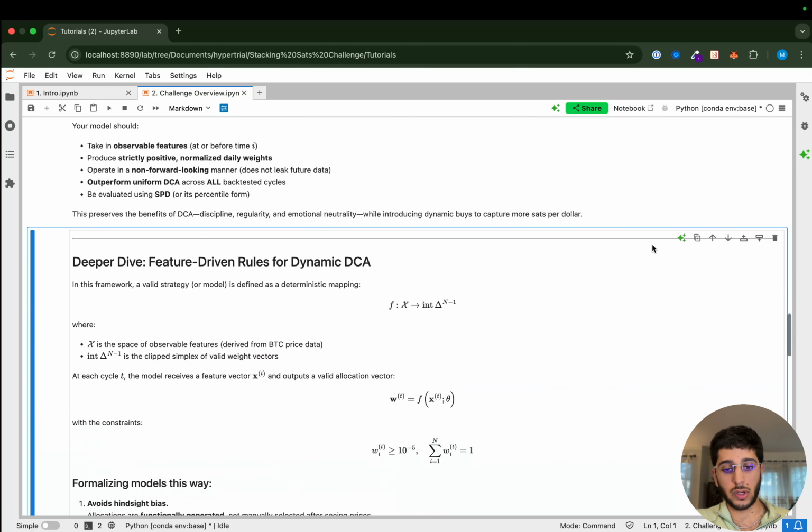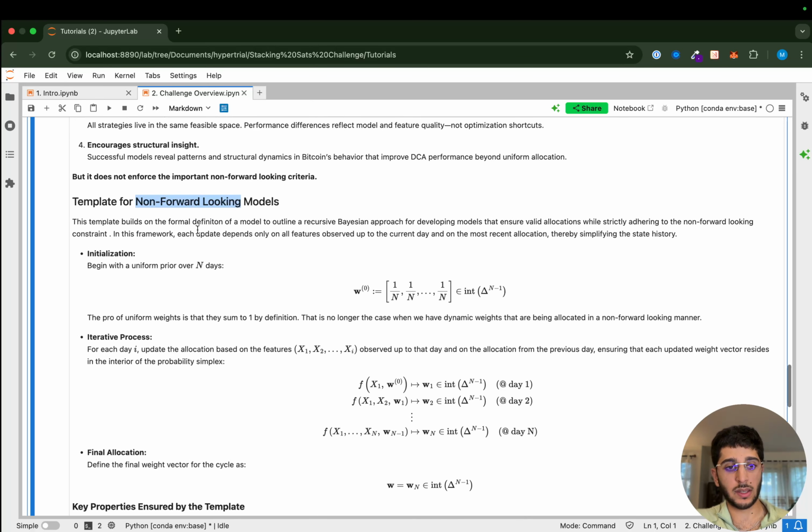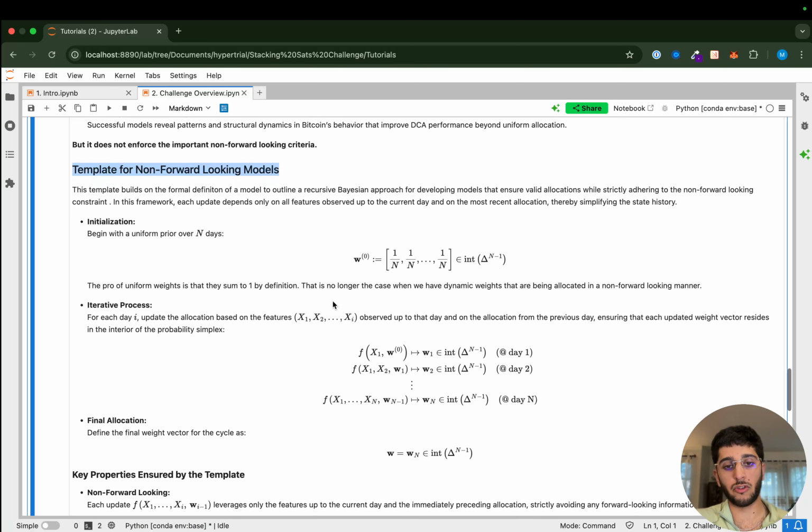So what we're going to do is provide a template for how you can avoid forward-looking models, but still provide a model that outputs results in the feasible region. And the way to do that is to initialize your weights as a uniform weight. And this is the whole aspect of really enforcing and emphasizing the fact that this data is compositional.